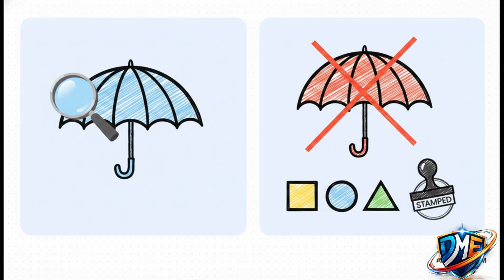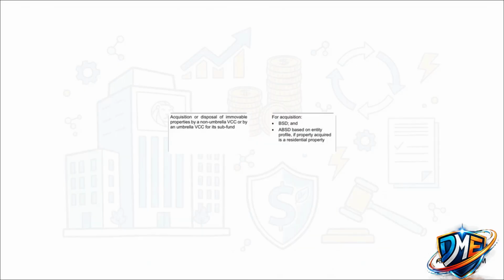For stamp duty purposes, every single subfund is legally treated as a completely separate, distinct person. So why does this matter? Well, if Subfund A and Subfund B are treated as completely separate people, any transaction between them is going to be taxable. This means that if subfunds within the exact same umbrella transfer a movable property or shares between each other, standard stamp duties are going to be triggered.